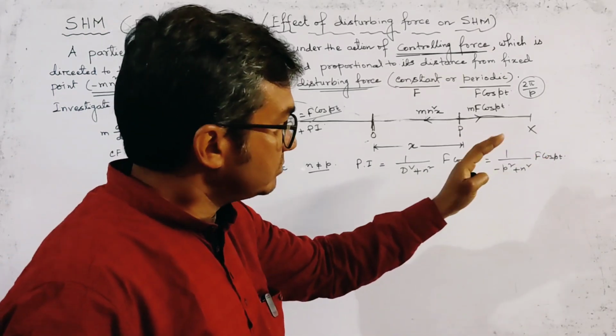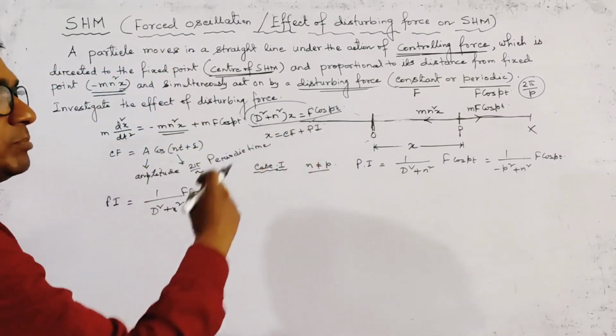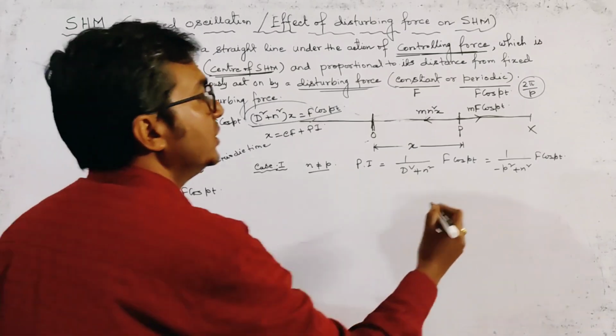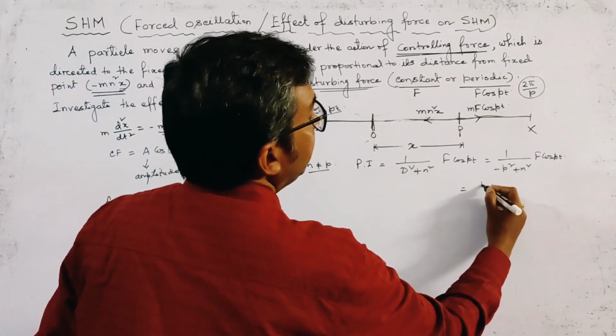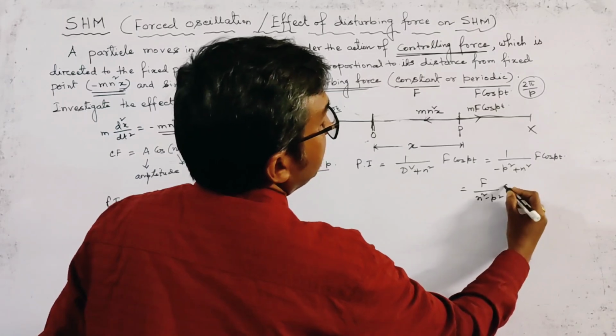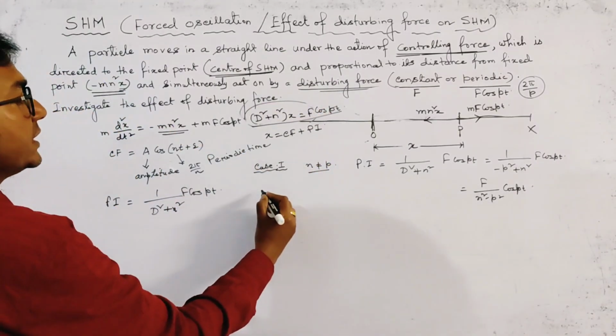Okay, we know it by the process of finding particular integrals of differential equations. So this is given by f by (n square minus p square) cos pt.